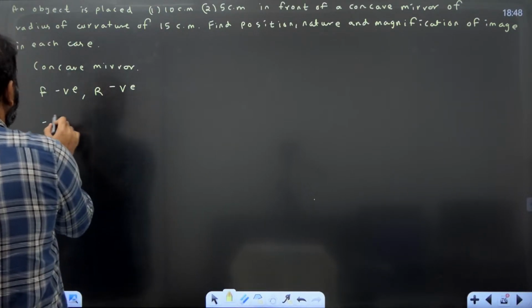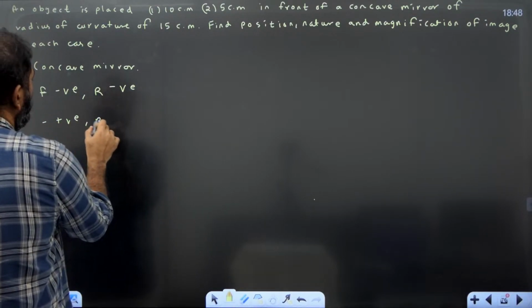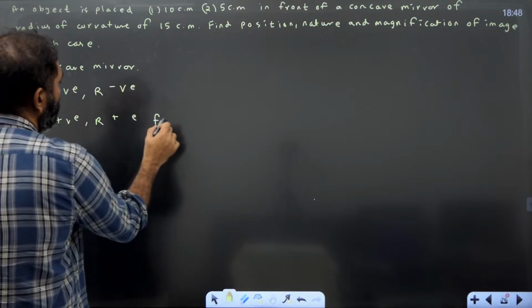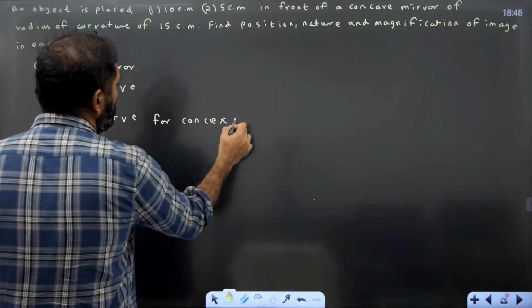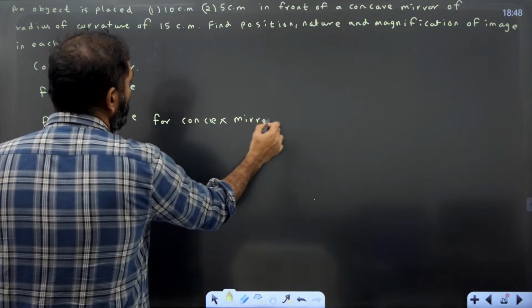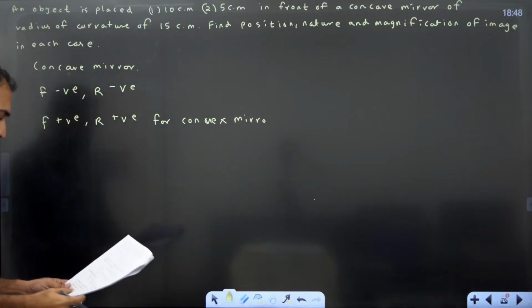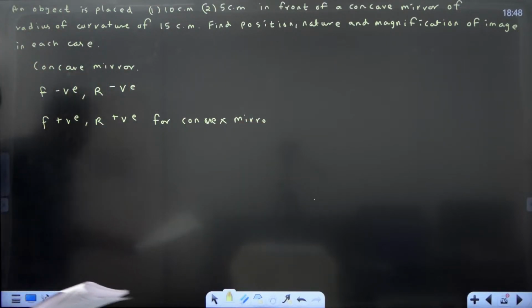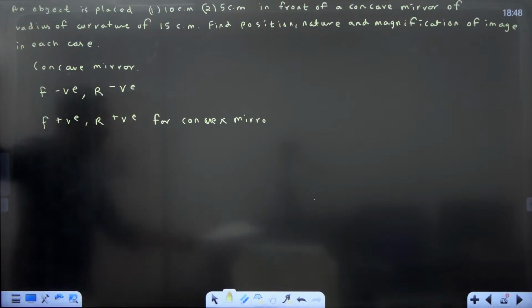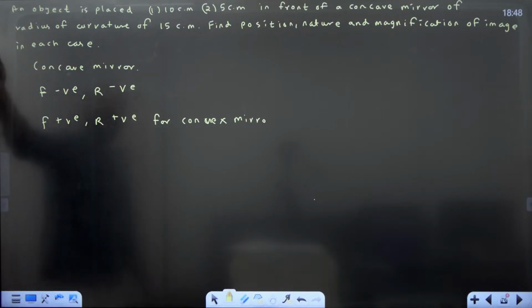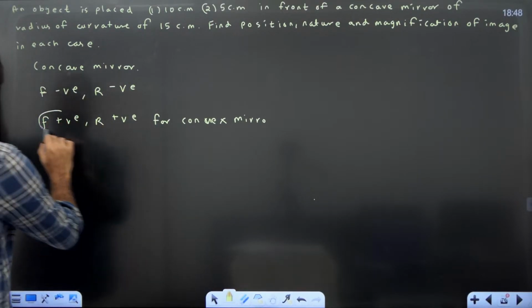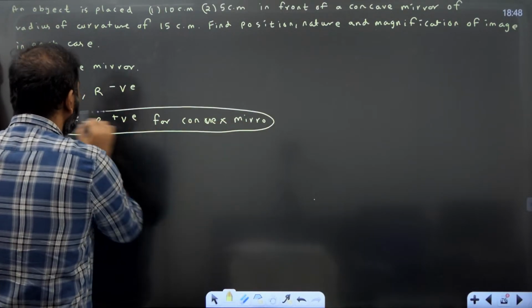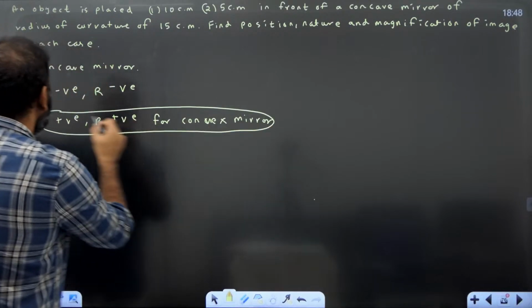F and R positive for convex mirror, F and R negative for concave mirror. So, what are the data given? Object distance is given, in front of a concave mirror, radius of curvature is 15 centimeter. Convex is a different case, but ours is a concave mirror.